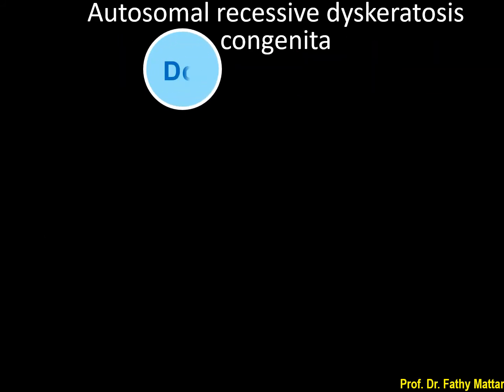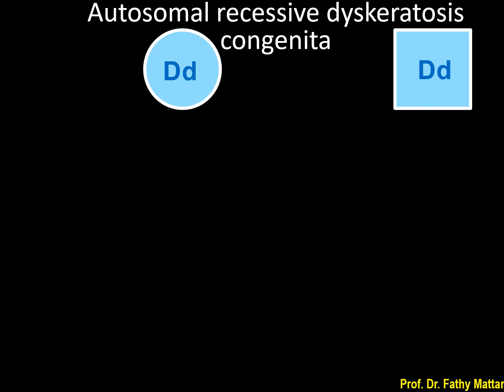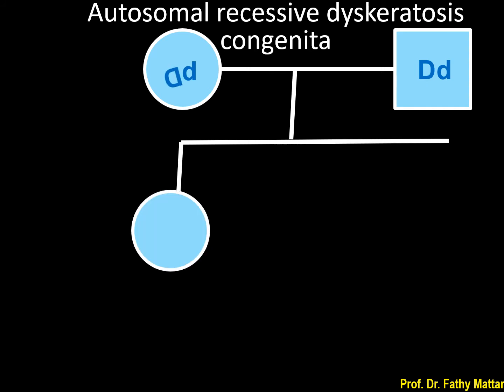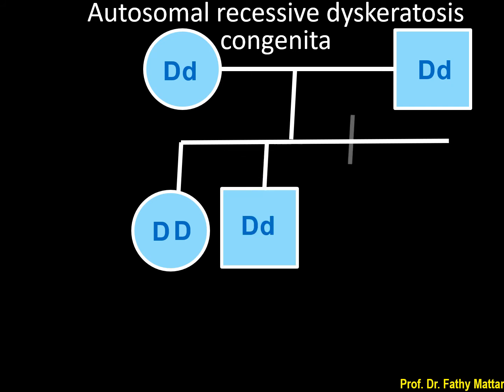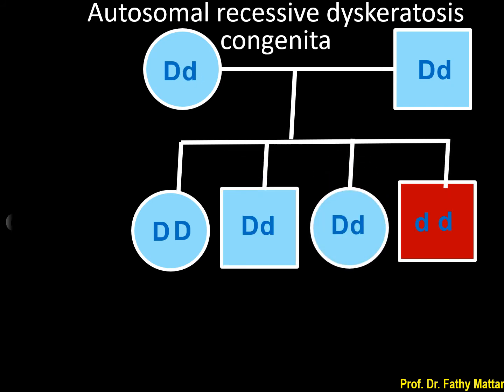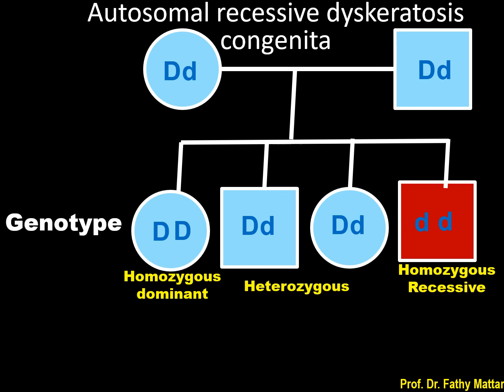Now, if we take the recessive, for example, dyskeratosis congenita, and we have a father and mother who are heterozygous, their children will be: the first is homozygous dominant, the second is heterozygous, the third is heterozygous, and the last is homozygous recessive.